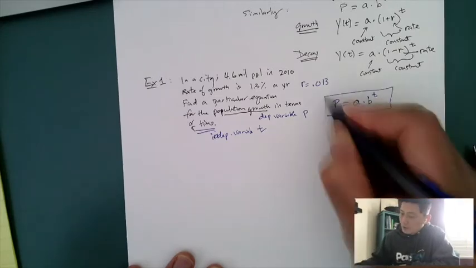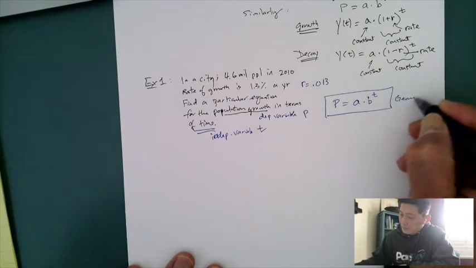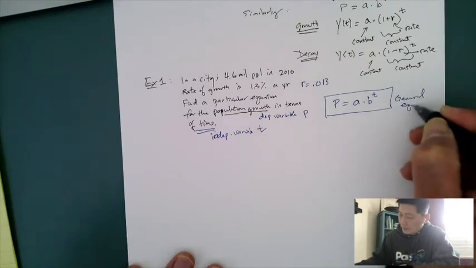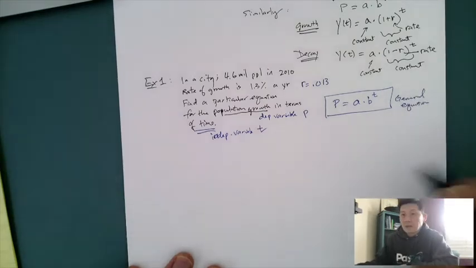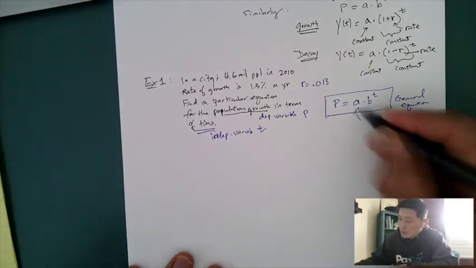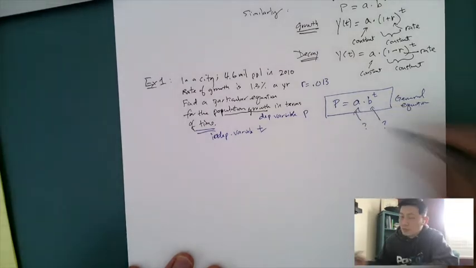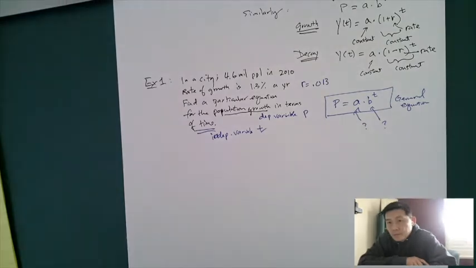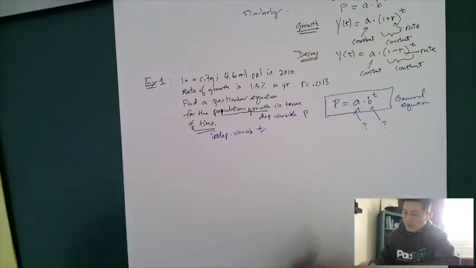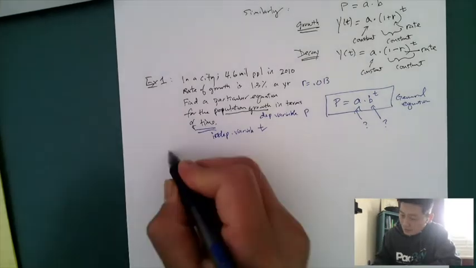Right, this is our general equation. But because we don't know what A is or what B is, we don't have a particular equation. A particular equation is when you figure out what A is and what B is for that particular problem context.